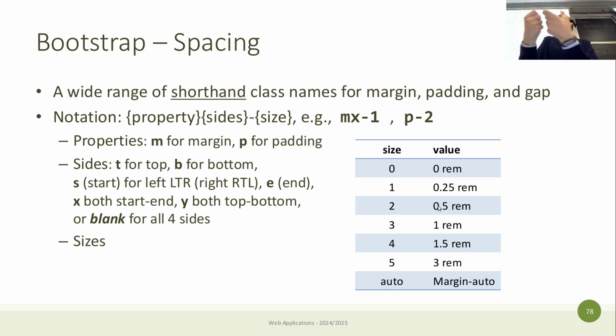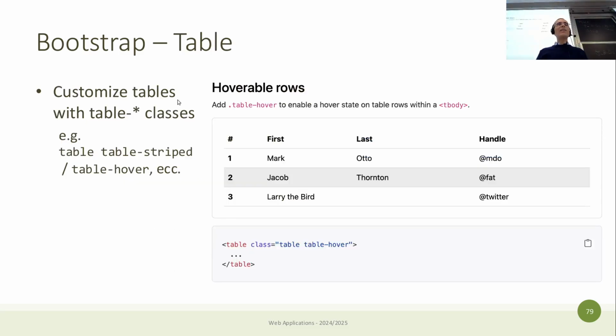That's the amount of space. But in practice, you try. If you don't like it, you increase. Otherwise, you decrease. And there are other reasonable defaults for most of the important elements in HTML.